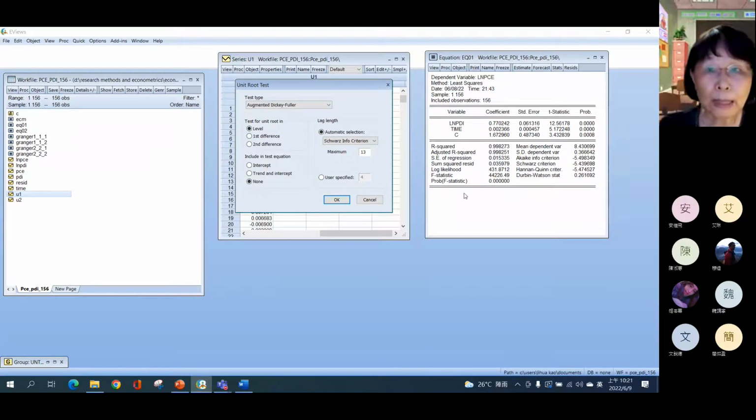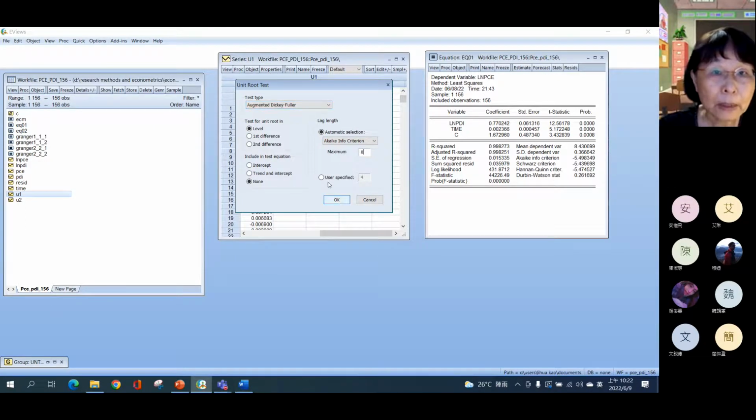Since this may indicate first degree serial correlation, let's try. We can try from zero. Zero means no serial correlation, right? Then we can try more lags to see the augmented Dickey-Fuller test.